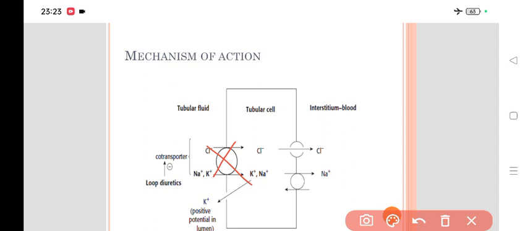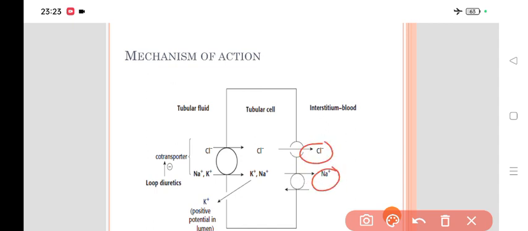Cotransporter means the chloride ion, sodium ion, and potassium ion move from the tubular lumen to the tubular cell, and from the tubular cell to the interstitium, and that's how they get reabsorbed. Sodium and chloride are reabsorbed.